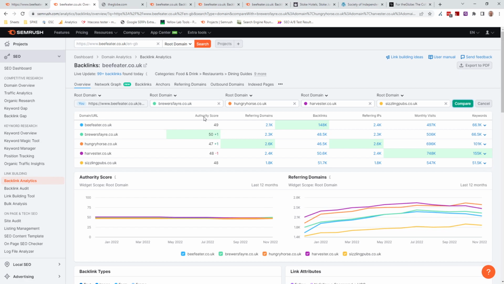This is very similar to something called domain authority, which is a metric from a different business called Moz. And Google don't use either of these two metrics. These are just the best guess from SEMrush, this authority score, as to how good, how powerful a website is.